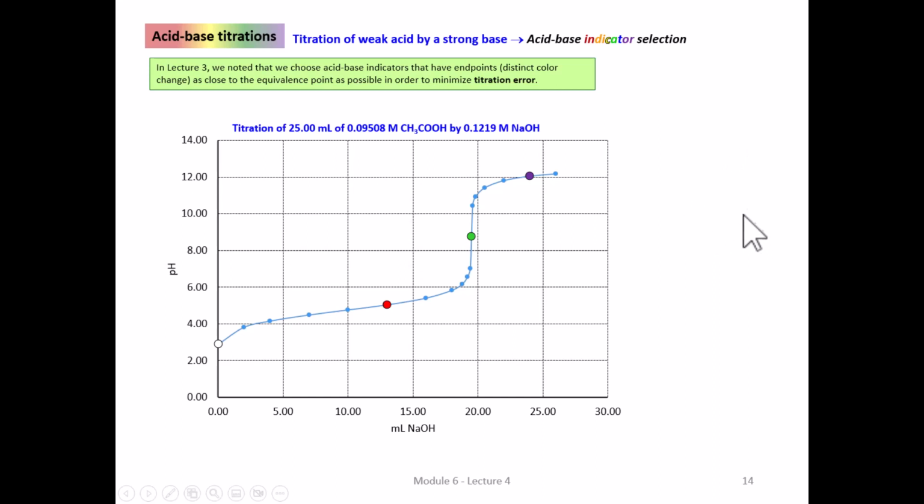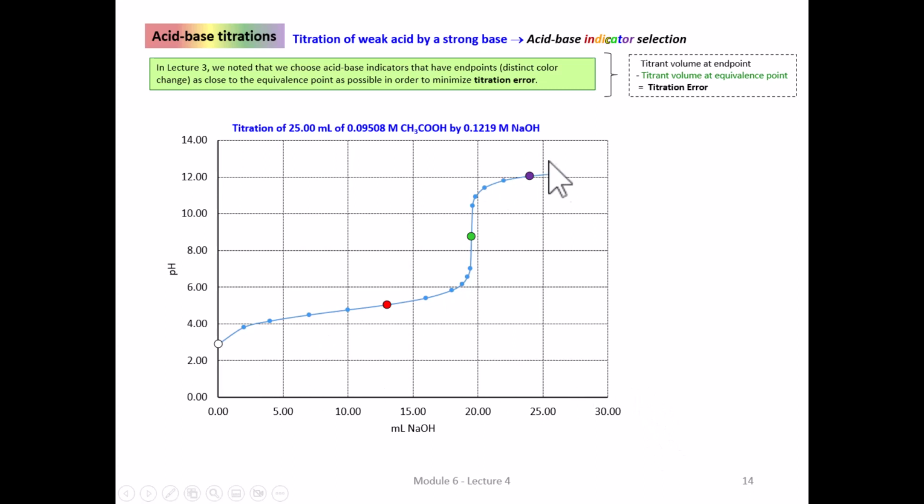We noted before that we want to choose indicators that will give us endpoints as close to the equivalence point as possible in order to minimize titration error. And again, remember the titration error would be the titrant volume at the endpoint where we can see a change minus the titrant volume at the equivalence point. That would be the titration error.